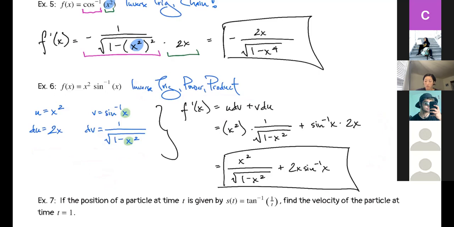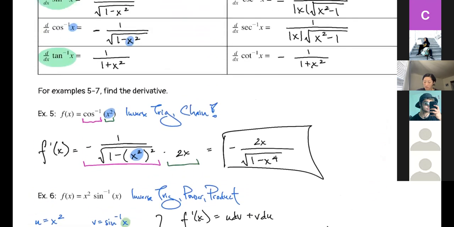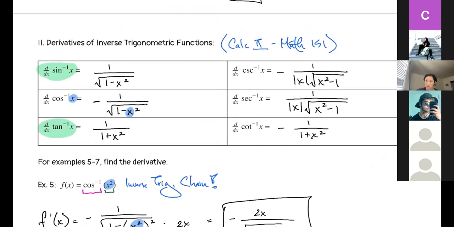Real quick though, what is another way to write inverse sine? Maybe we'll go back up here. And there's another way to write inverse sine. It is actually not 1 over sine x.